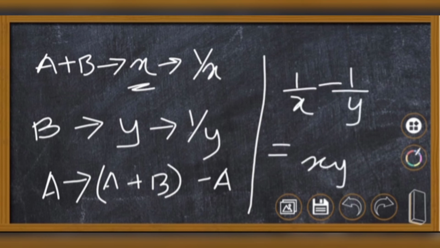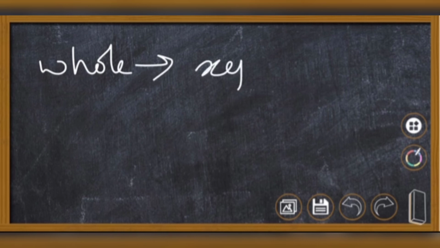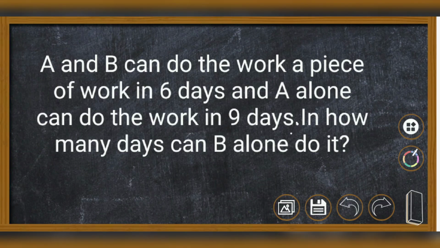XY will be the LCM, so Y minus X divided by XY. XY work will be done in Y minus X days, and the whole work will be done in XY divided by Y minus X days.